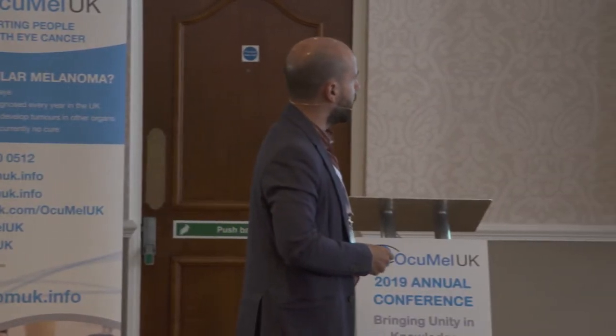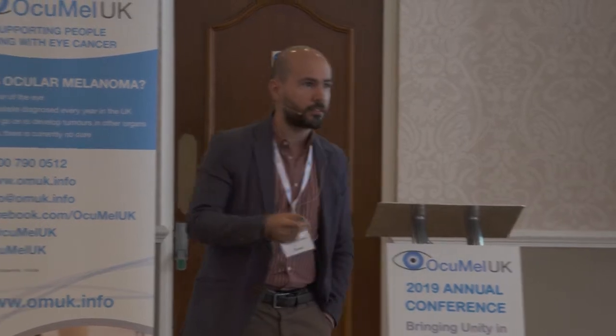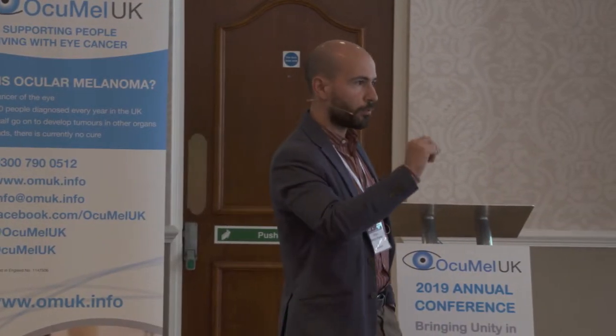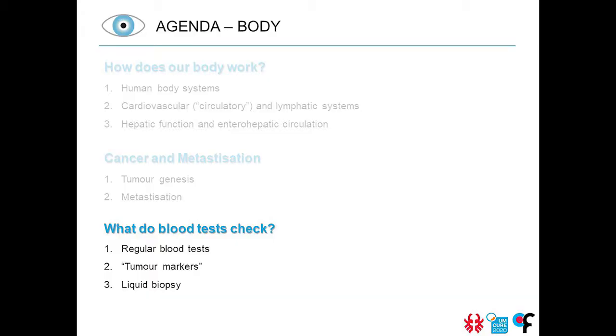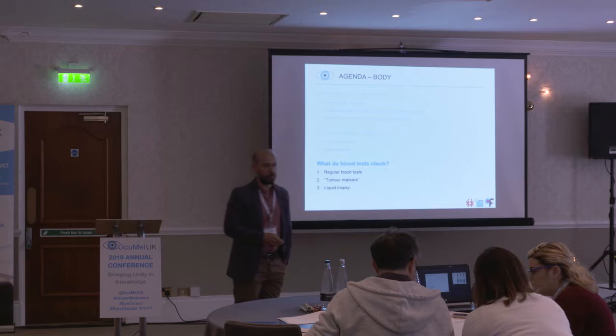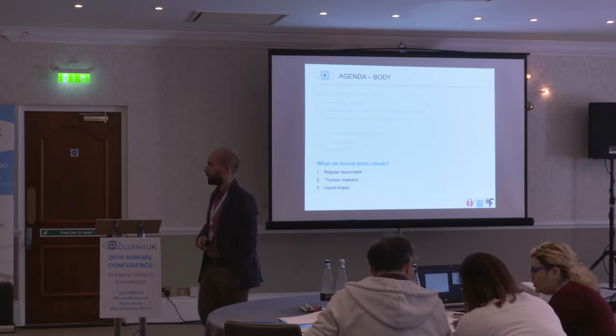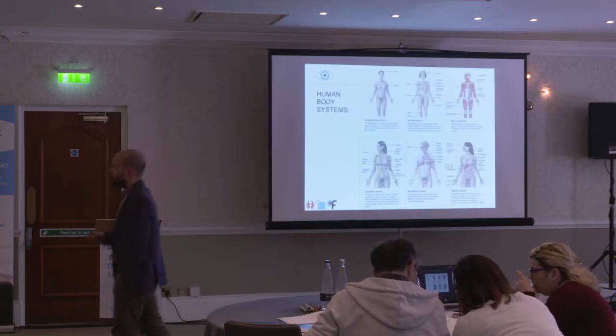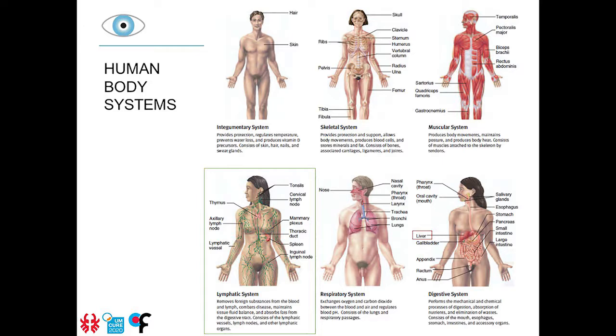Then the process of cancer and metastasization, which we will go through very quickly, just to have an idea of our understanding of this process. And we will finish with what blood tests check, and a summary of these three topics.